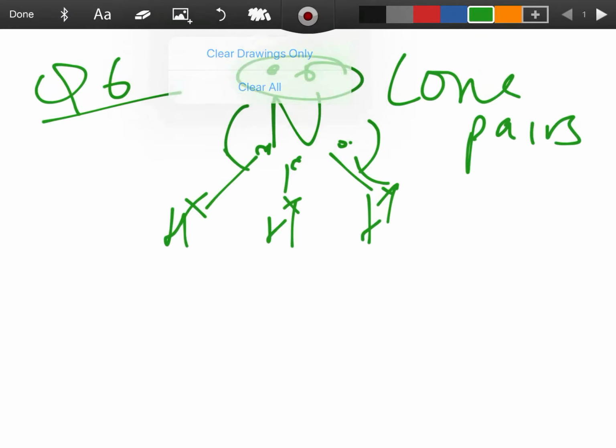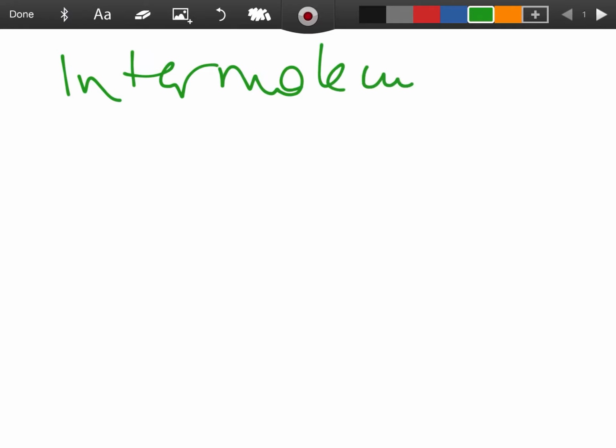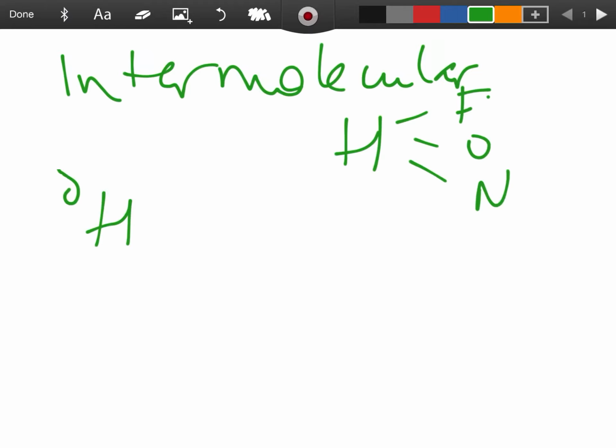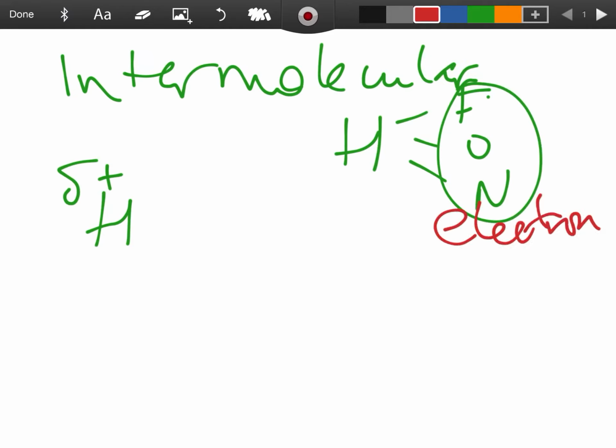Hydrogen bonding occurs between ammonia, and then it says, what are hydrogen bonds? So you're going to have to say that they're intermolecular forces, okay, that can occur in molecules where you have hydrogen bonded to FON, and you mention the interaction. Remember that the hydrogen is always slightly positive because these 3 are highly electronegative. So what does that mean?